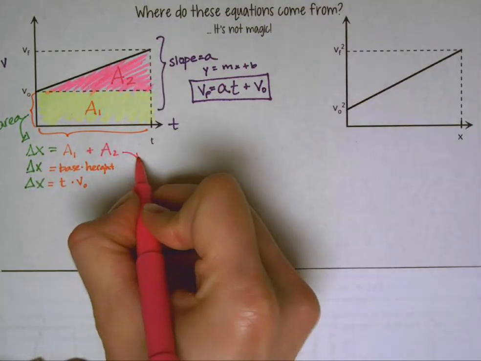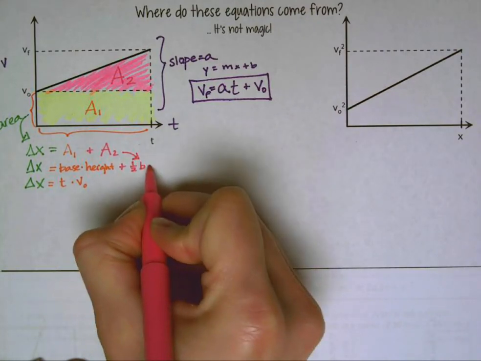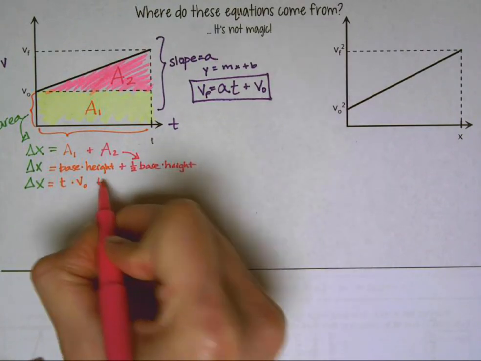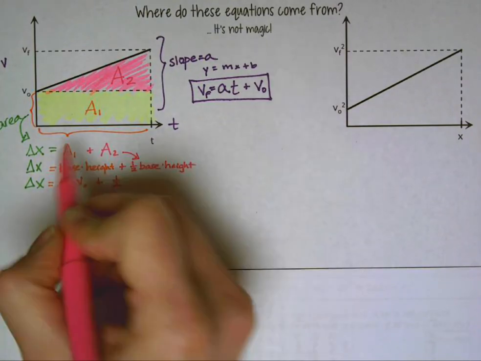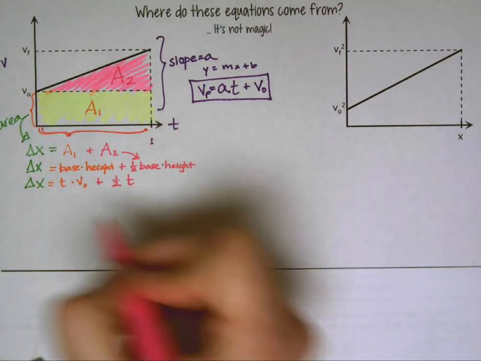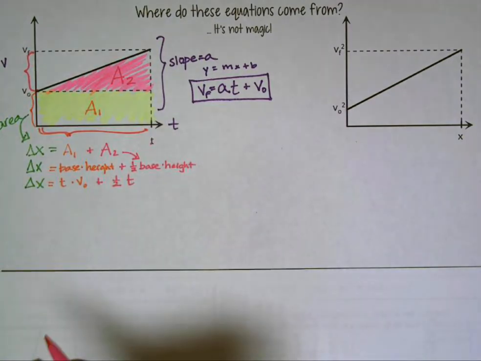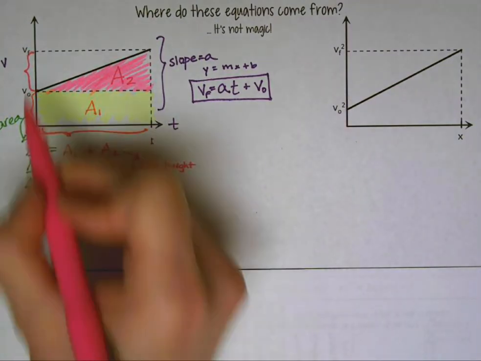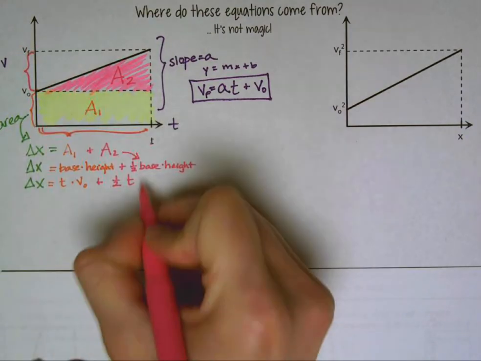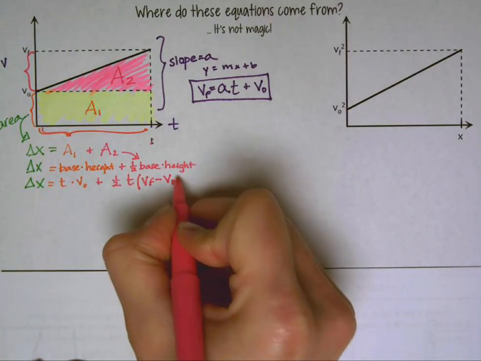So A2 is going to be equal to 1/2 times the base times the height. Our base is still t, but now our height is not v naught and it's not vf, but it's your final velocity minus your initial velocity. So the height is vf minus v naught.